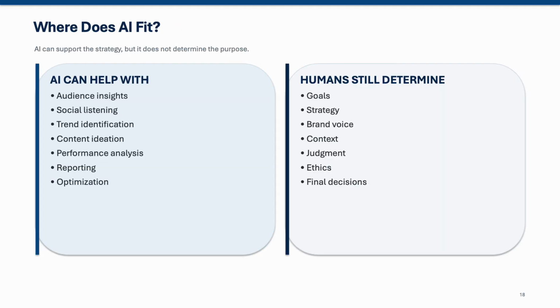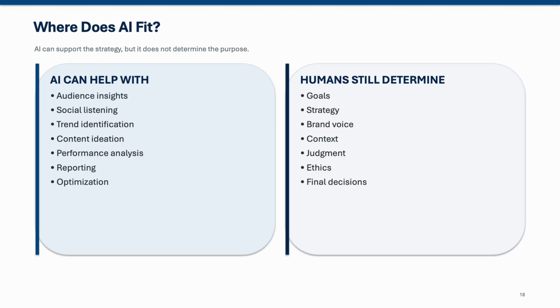Of course, in this era, we also need to acknowledge the role of artificial intelligence. Like I mentioned last week, AI can support many parts of the strategic process. It can help with audience insights, social listening, trend identification, content ideation, not creation, performance analysis, reporting, and optimization.